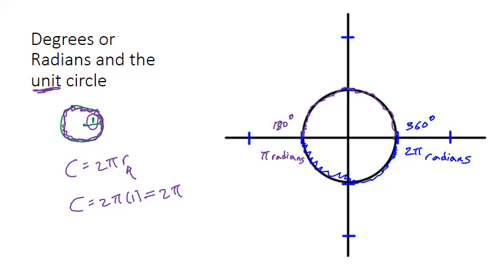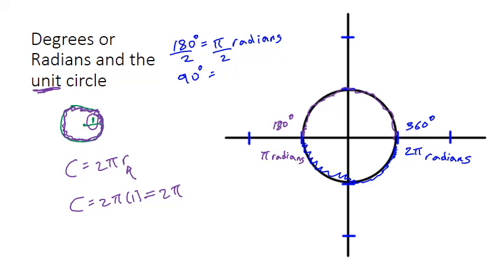So what about the other quadrantal angles? What would those be if we represented them with radians? Well, if we know that 180 degrees is equal to pi radians, and we needed to get 90 degrees, what do we need to do? Well, clearly we would need to divide what we had up here by 2 in order to figure out what 90 degrees is.